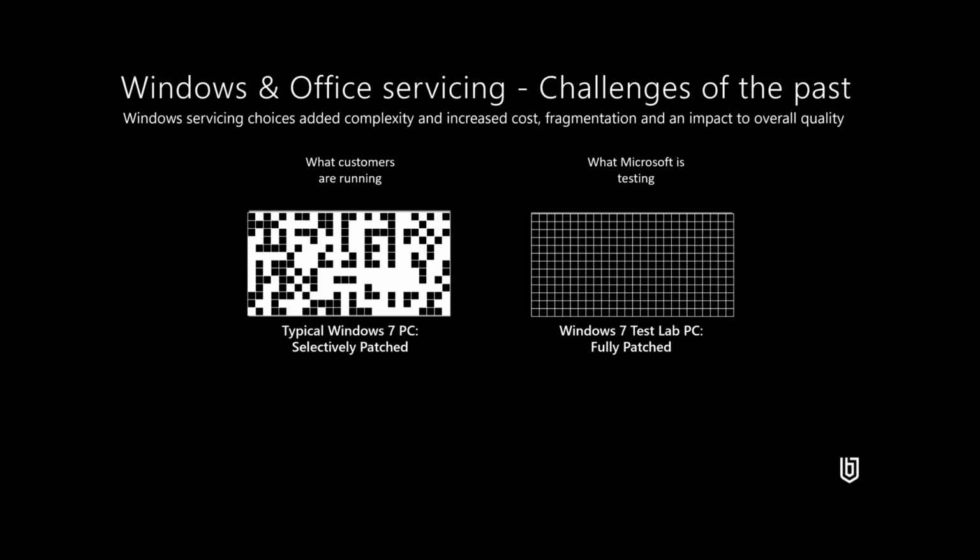Now, there's a lot of concern out there regarding testing. If we put down a quality update, if we put down a feature update, what's that going to break in the environment? As I said before, that's traditionally due to what you've done in the past with Windows 7. What you generally would have is situations where your IT team would pick and choose the patches that would go down onto Windows 7 and Office.